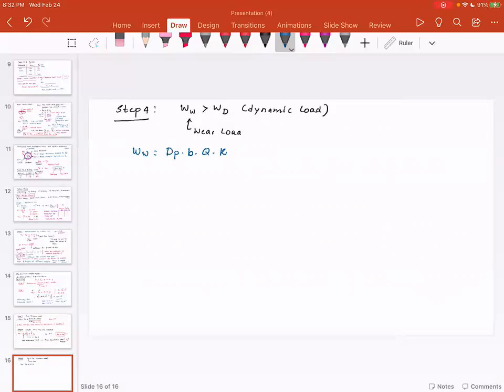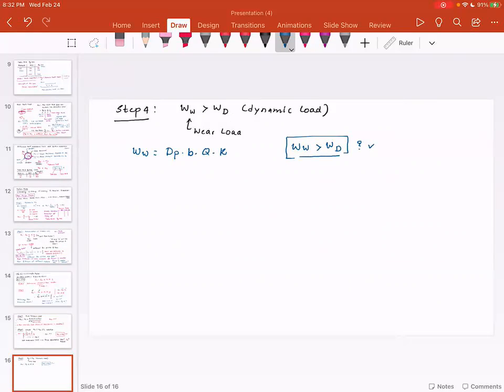So dP is the diameter of the pinion, B is the face width, Q is the stress factor, and K is the velocity ratio factor. And we have to make sure that WW is greater than WD. This condition has to be checked and must be satisfied.